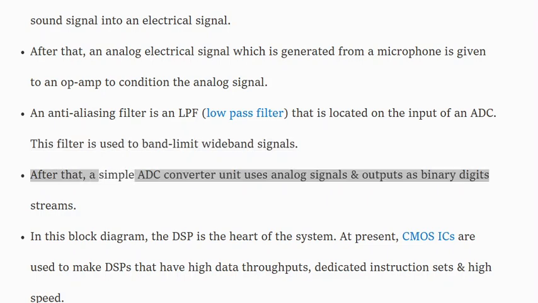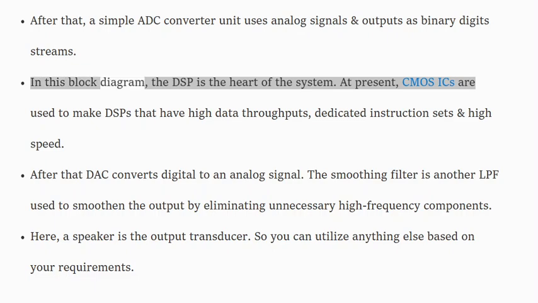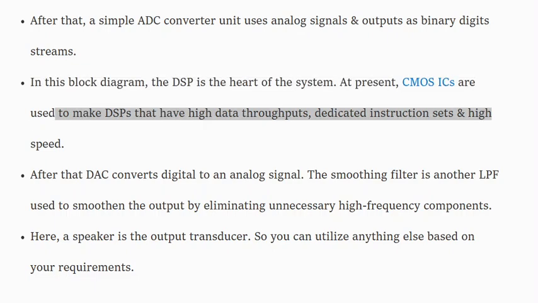After that, a simple ADC converter unit takes analog signals and outputs binary digit streams. In this block diagram, the DSP is the heart of the system. At present, CMOS ICs are used to make DSPs that have high data throughputs, dedicated instruction sets and high speed.